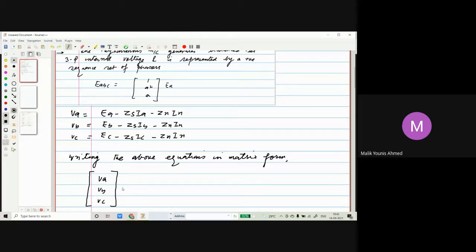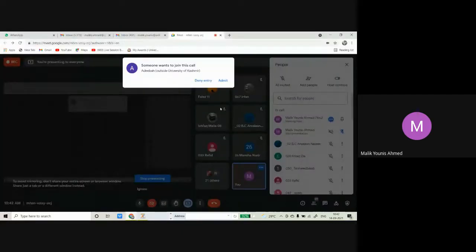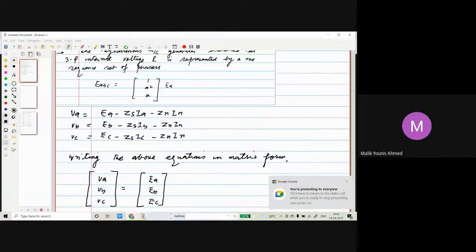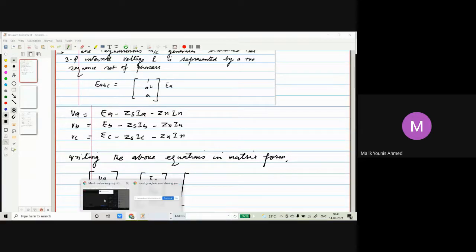So this will be equal to, minus, we'll have this impedance matrix.